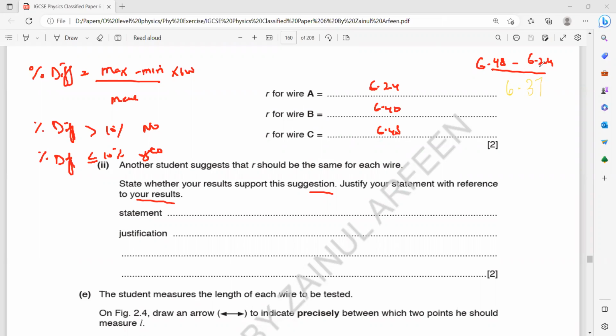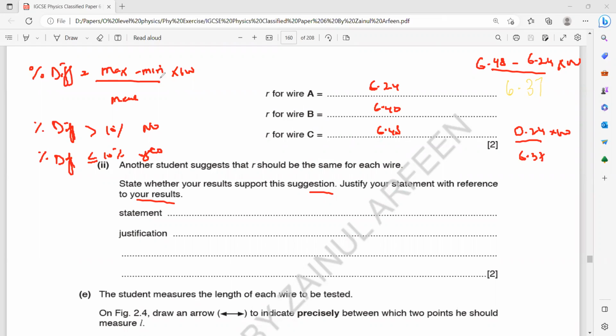So the mean is 6.37, and into 100. When you subtract, 6.48 minus 6.24 is 0.24, divided by 6.37, into 100.